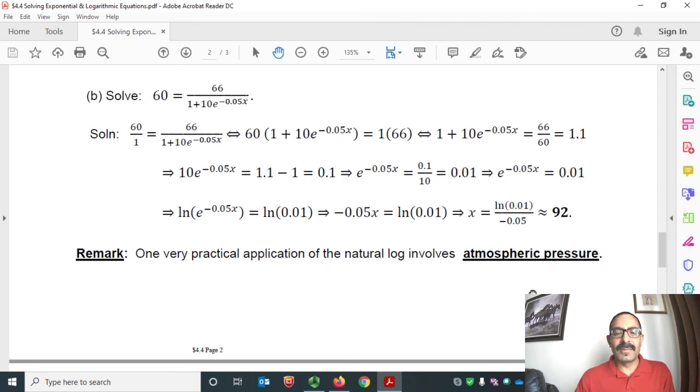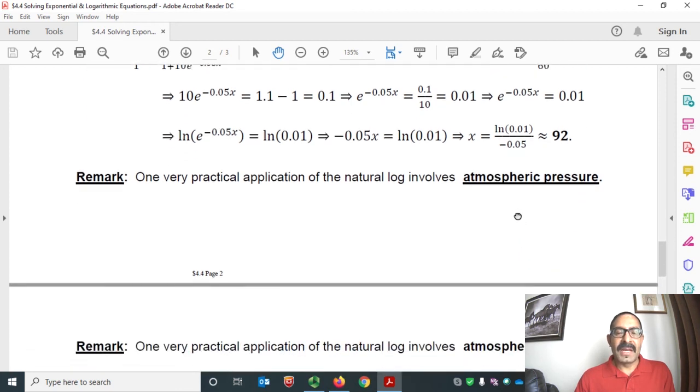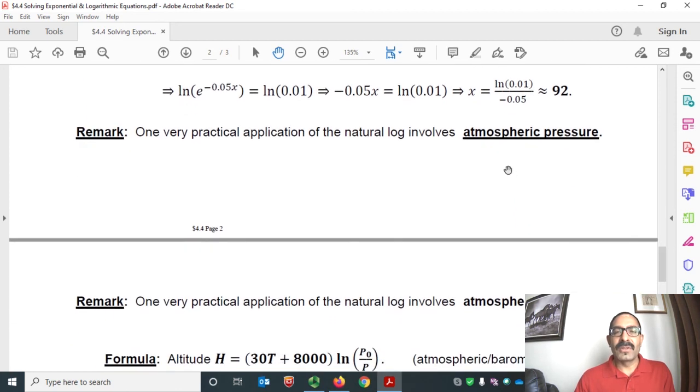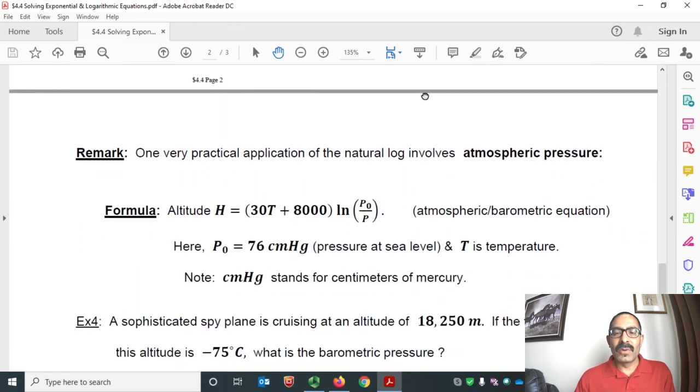Now one final remark. One very practical application of the natural log involves atmospheric pressure. So let's do one example.